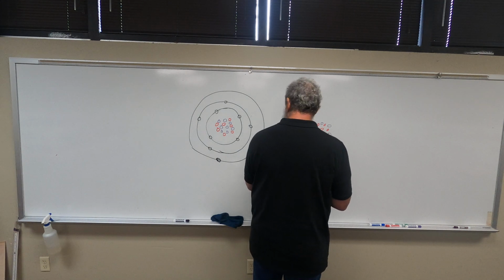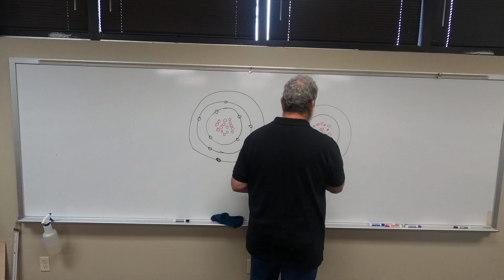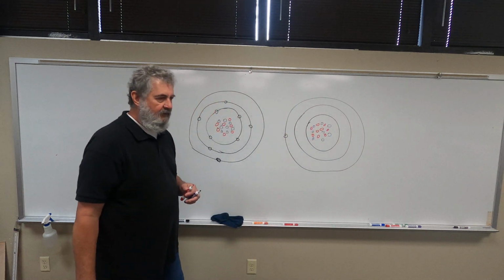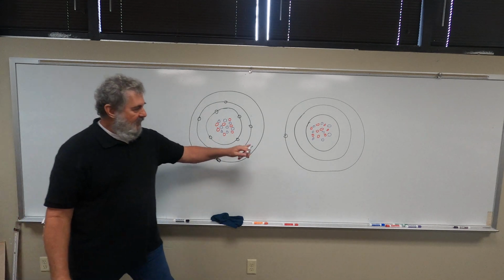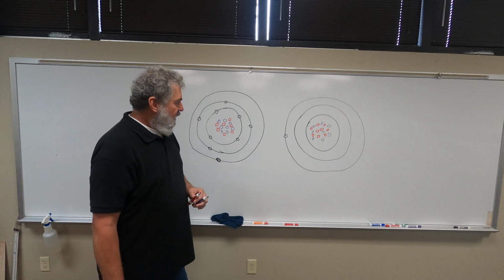There's a nucleus, we have the rings around the nucleus. This outside ring is the valence ring, and we have one electron out here, barely held by very little attraction to the center of this thing.